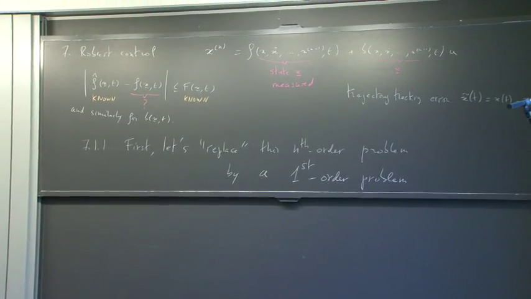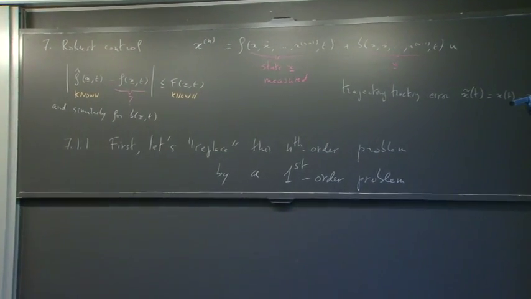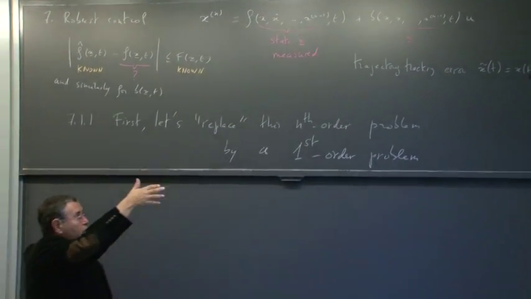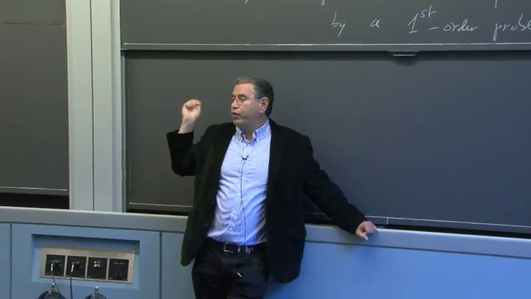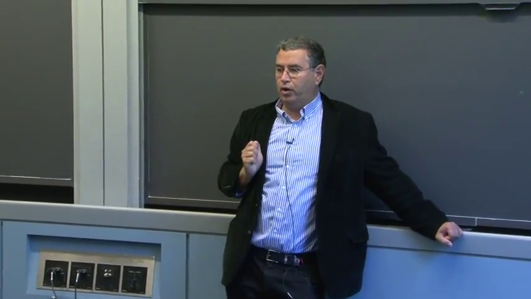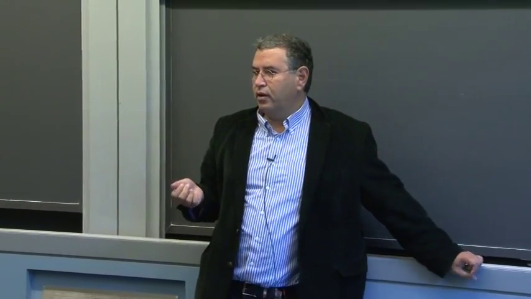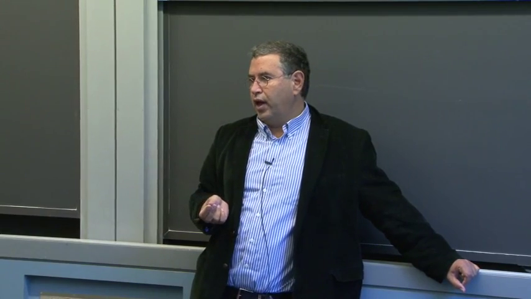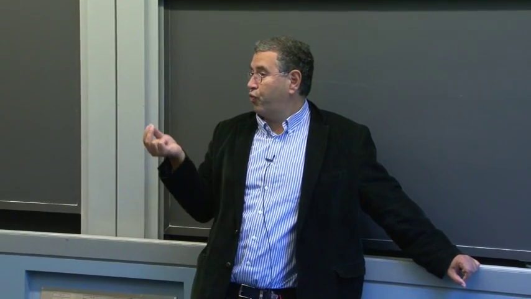So in other words, I would like to create another variable. Right here, the variable of interest is small x, right? That's what I want to follow trajectory x d of t and so on. I would like to create an intermediate variable such that its dynamics is described by a first order differential equation.